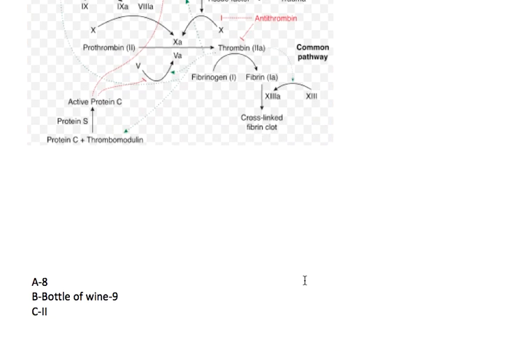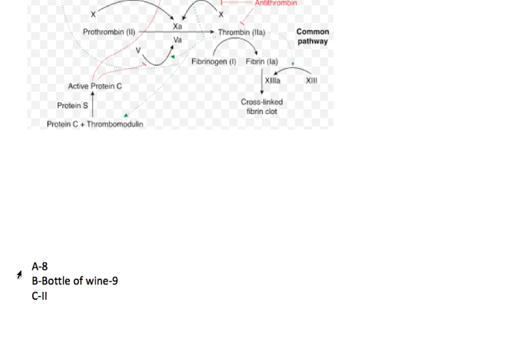All right, to recap real quick, let's go through what our mnemonics were. Hemophilia A was factor 8. We remember A for 8, as in AIGHT, misspelling the number 8. And factor B, bottle of wine. Wine rhymes with 9. Red wine is red, which reminds us of hemophilia. We're also drinking wine during Christmas, so it's also called Christmas disease.